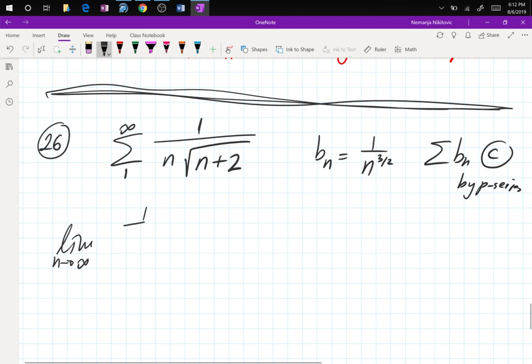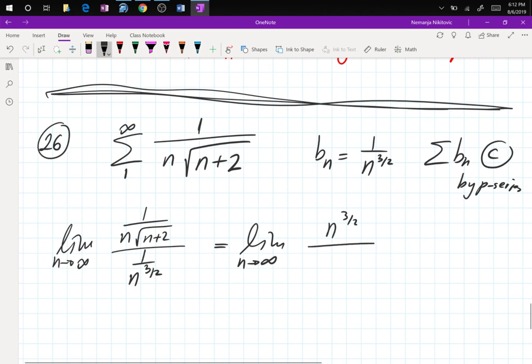We have our an divided by this one. And then we use algebra to get n to the 3/2 divided by n square root of n plus 2.